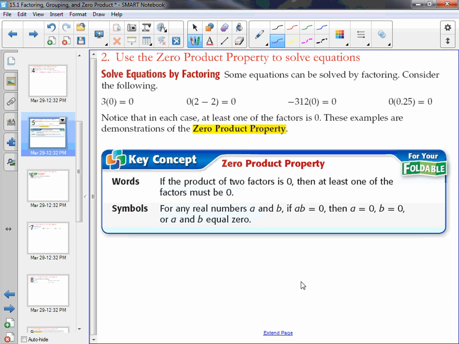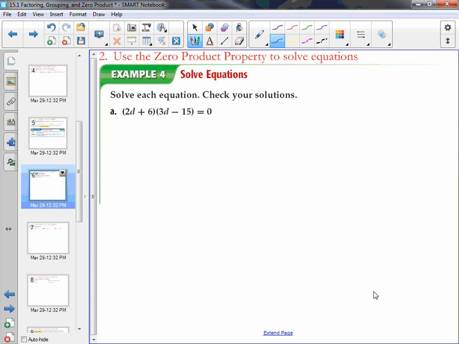Maybe they are all 0, but we know for a fact that at least one of them is. And that's the way we're going to solve equations. If we have 2 factors multiplied together and the result is 0, we know that at least one of the factors equals 0. So we set each factor equal to 0. Kind of like this. So write this example down.